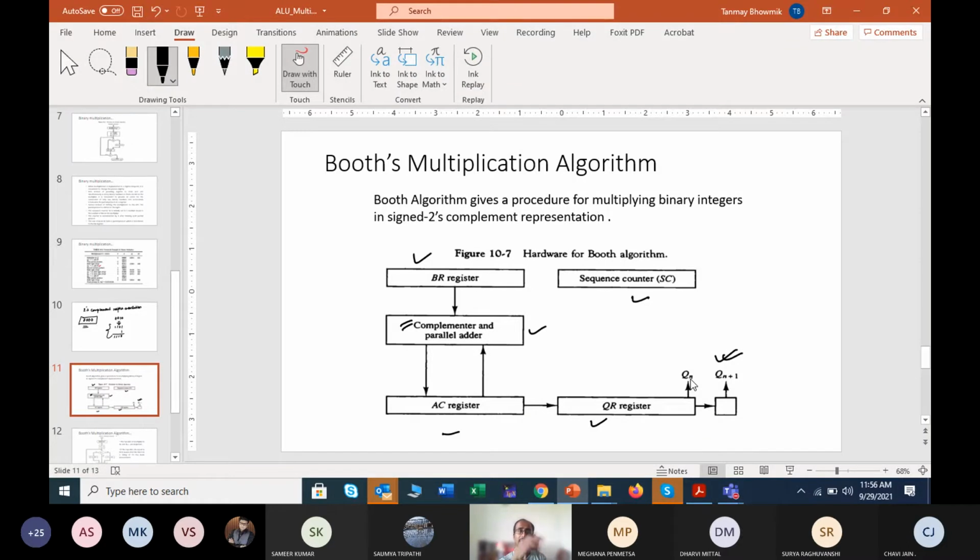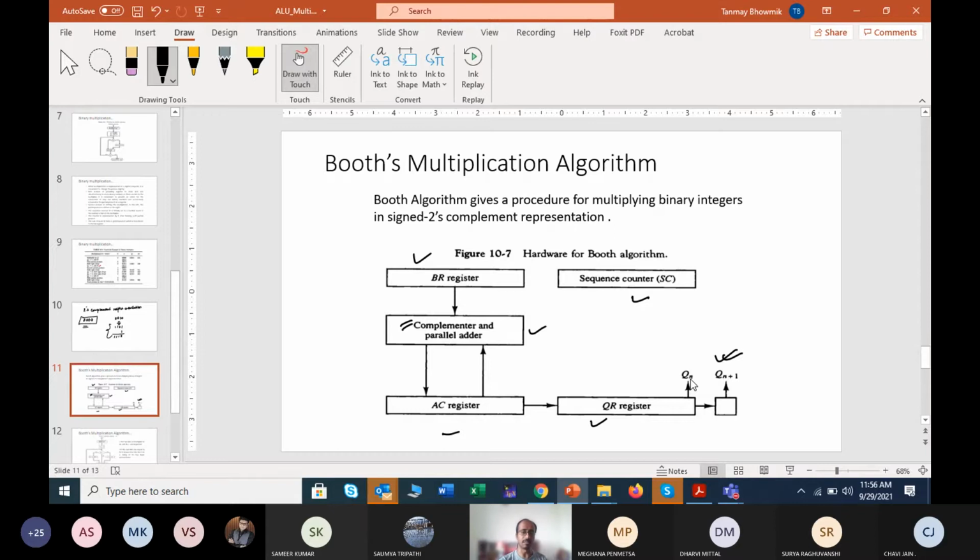So both are equivalent in considering this 2's complement operation. That is why whenever we get 0 0 or 1 1, we will not do any addition or subtraction operation. Rather we will consider it as a case of 0 and we will simply right shift.